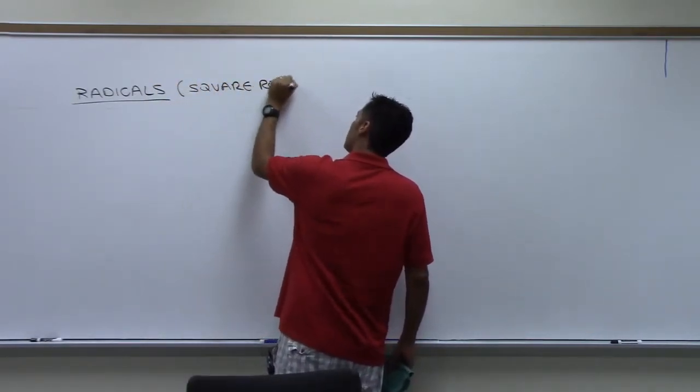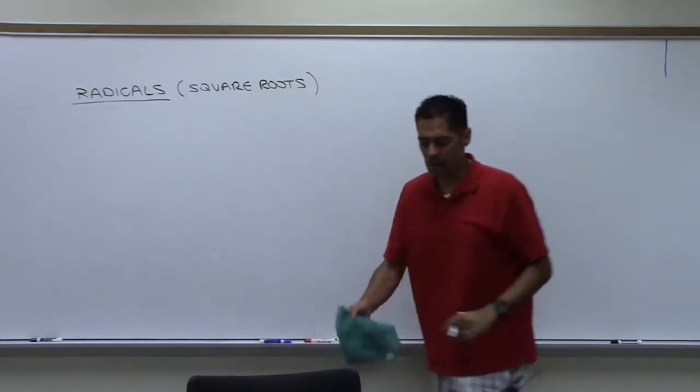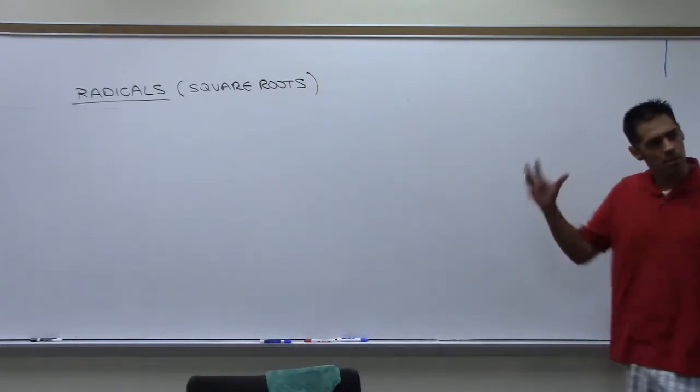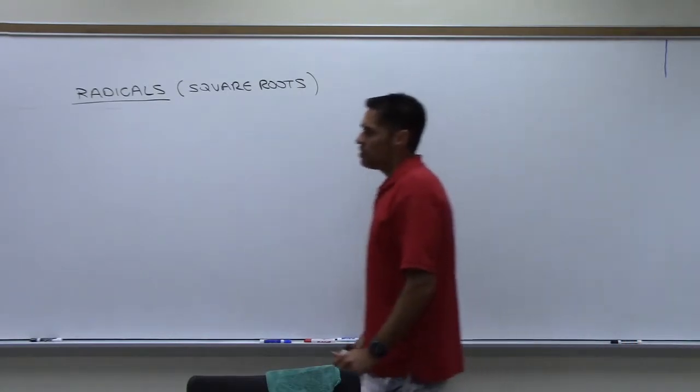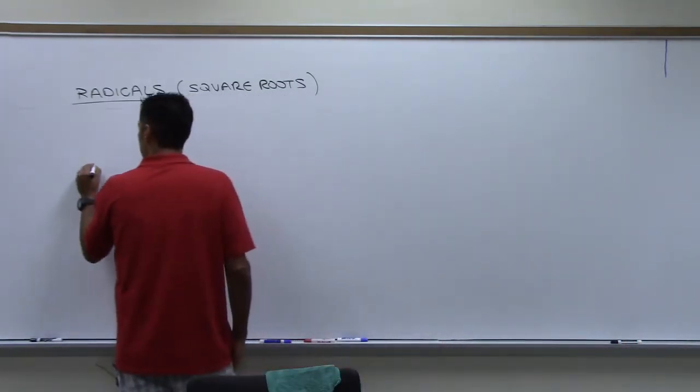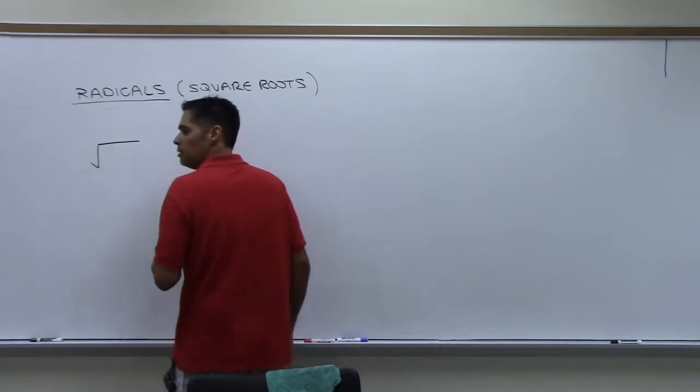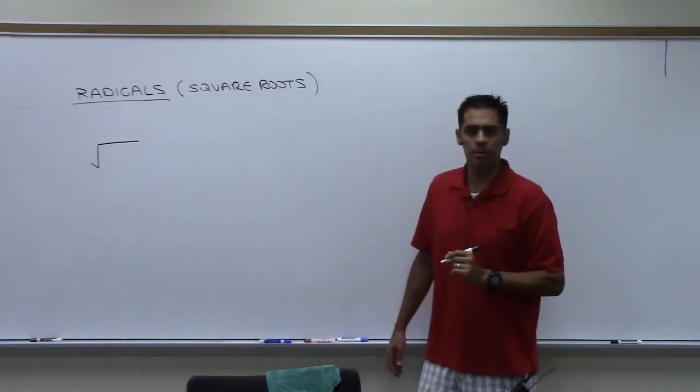All we're going to deal with here are square roots in this class. Radicals is a more general term. There's some notation here. Hopefully we've all seen this before. That symbol is the square root symbol.